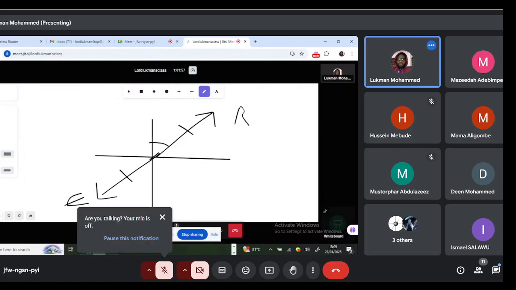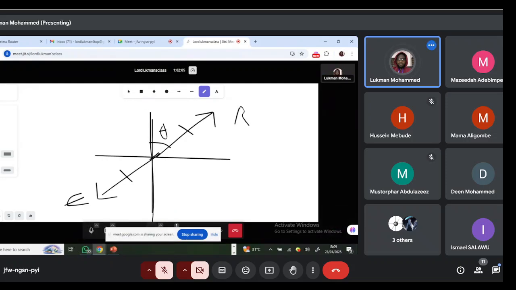If this is theta, from the vertically opposite angle, look at this line. Theta. I'm cutting this line and this line. If I continue this, it's going to go downward. If I continue this, it's going to go in this direction. So what is the angle between the two of them? The angle must be the same, theta.